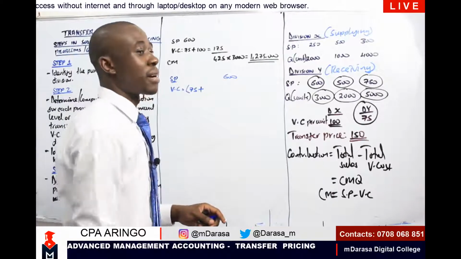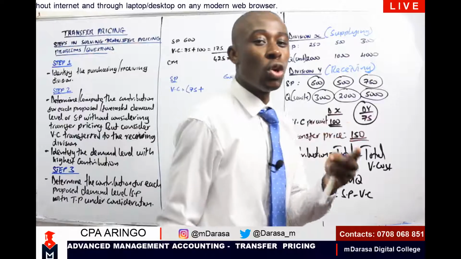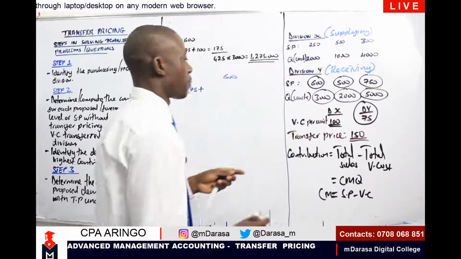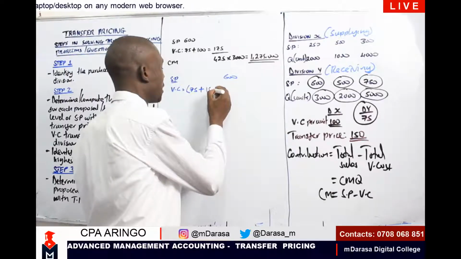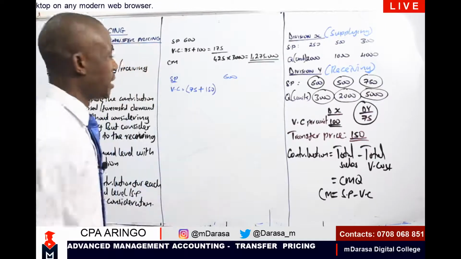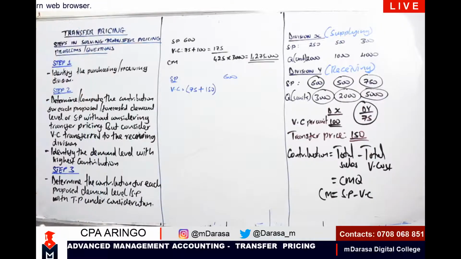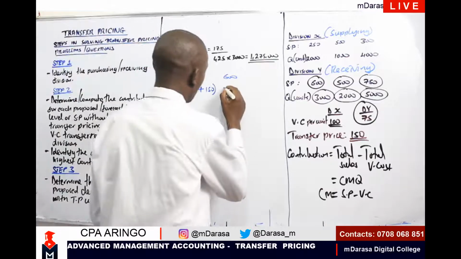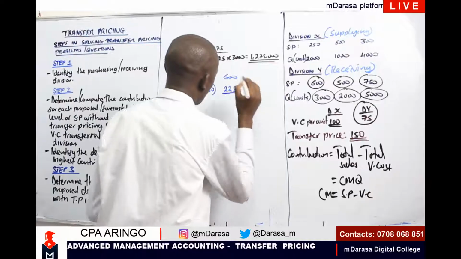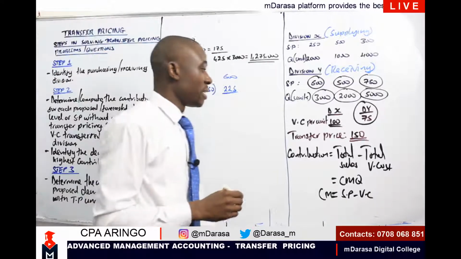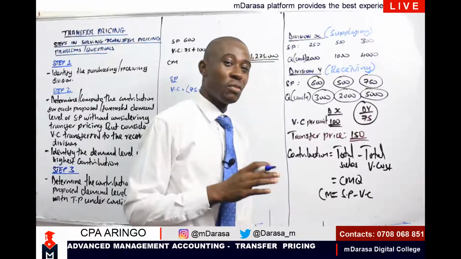But this time round, I'm going to consider the transfer price, which is how much? 150. So 150 plus 75 should give us 225.